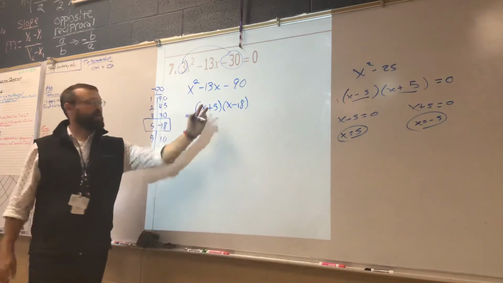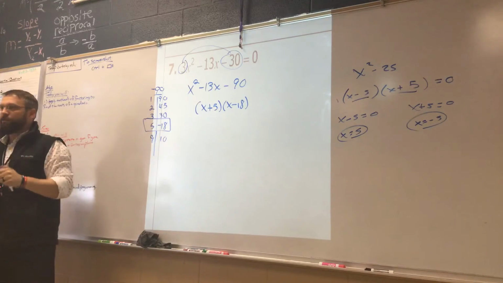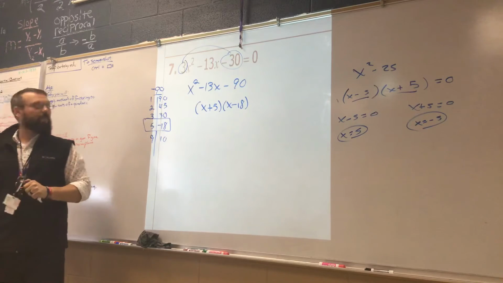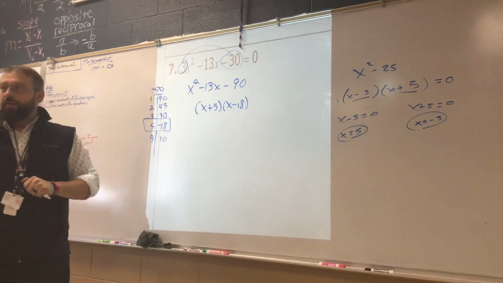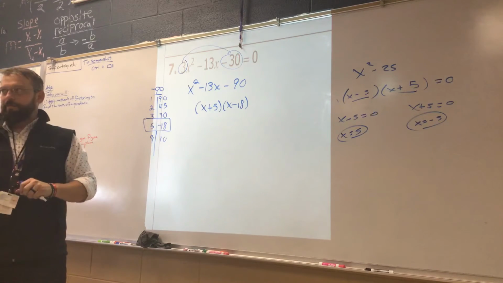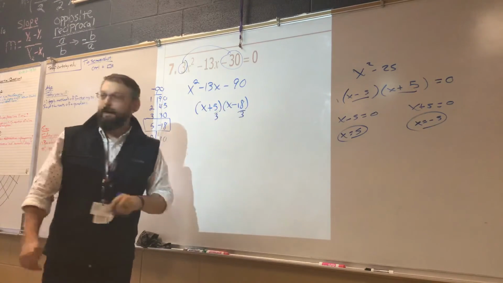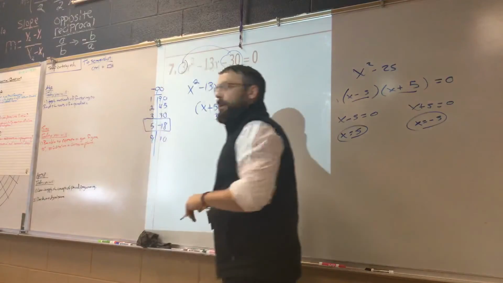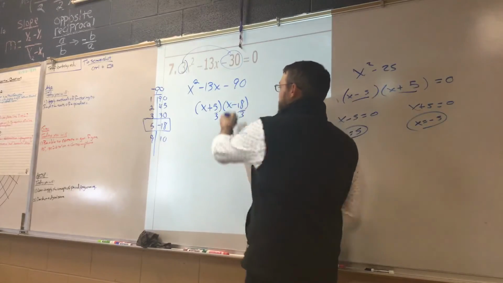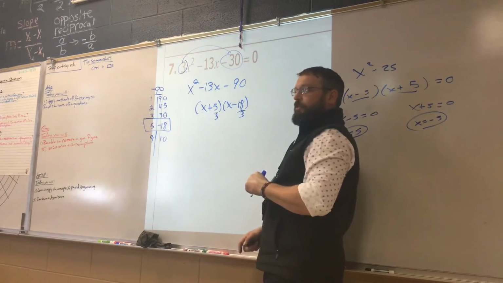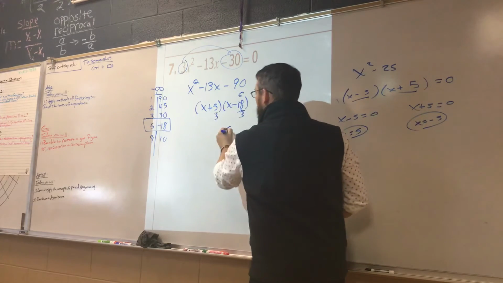Okay, now do I stop here, or is there another step? There's another step. What is that step? You have to divide. Divide by 3. Yeah, there you go. Now I'll show you something kind of cool here. 18 thirds is 6, right? So it's x minus 6.